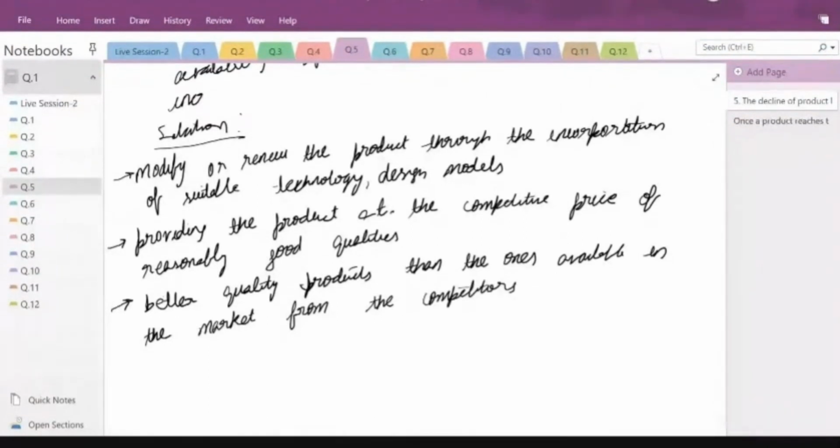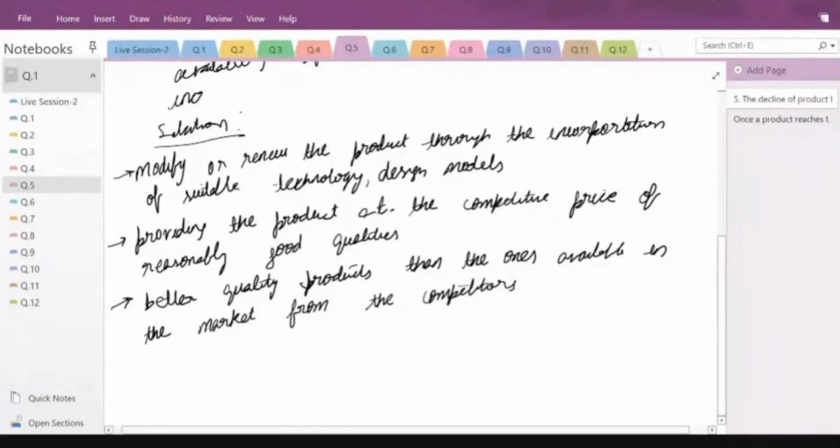So in this question we also learned what solution is required when there is a decline in the product life cycle after the maturity stage. Let's move on to the next question.